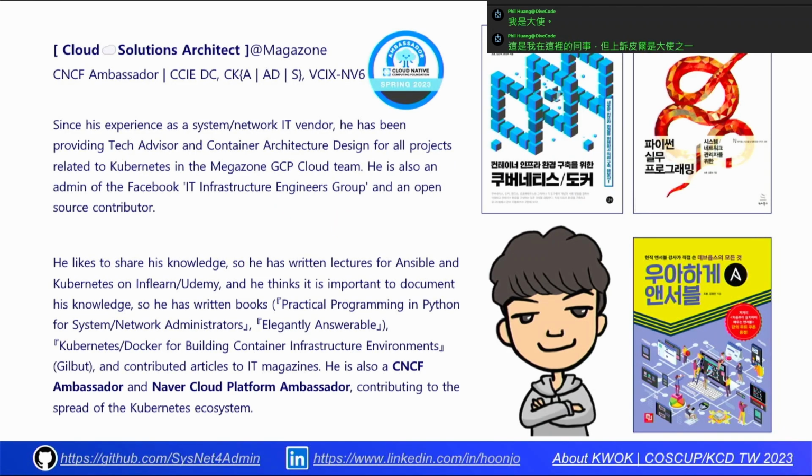I have several certifications and have published several books, even in Korean. I'm a little bit of a specialist in Kubernetes, Ansible, Python and those kinds of things, and an ambassador.